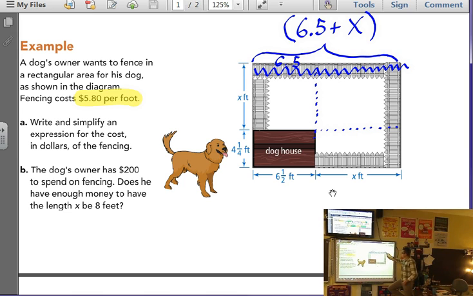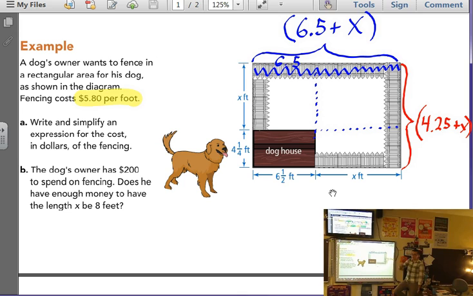This width, if we want to call it the width, because again, it doesn't matter what you name it. Acadia, what would our width be here? Well, it would be 4.25 plus x. I completely agree.